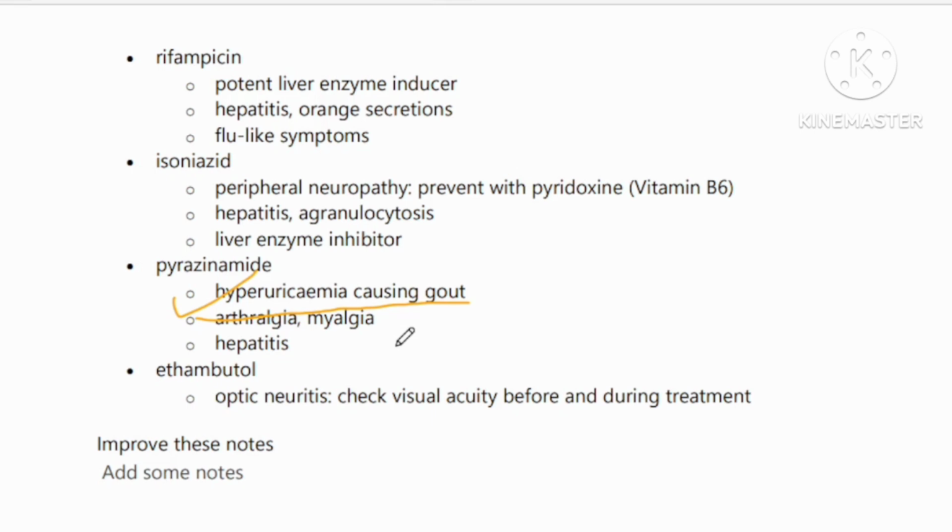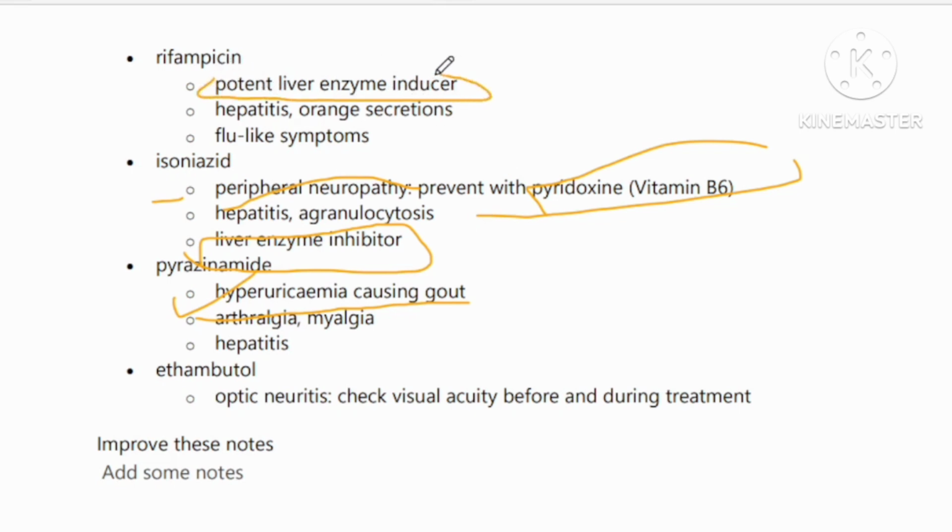And the second one, the most important thing, isoniazid causes peripheral neuropathy. For the prevention we give vitamin B6. This is also tested by the RCP. And another scenario RCP may test in a one-liner question: who is a liver enzyme inhibitor, or who is a potent liver enzyme inducer.